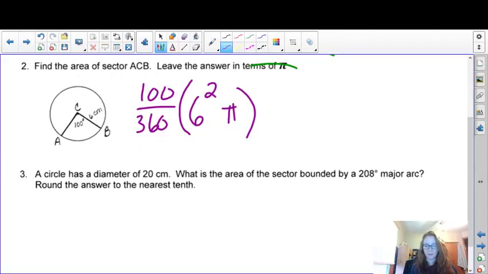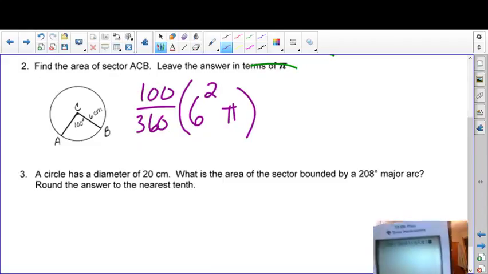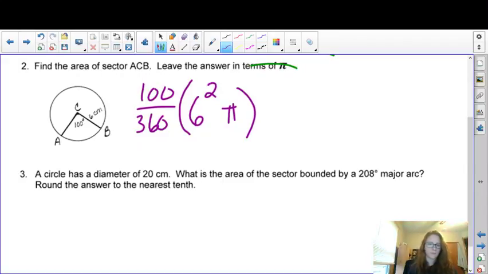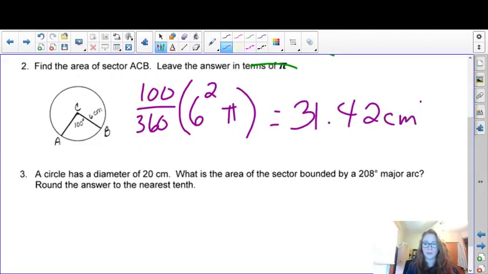And again, we're going to type that straight into our calculator just like we see it. Remember to put parentheses around both of the pieces. Oops, not P, I want pi. And that gives me an answer of 31.42. And again, I see the word centimeters, so I have centimeters squared.